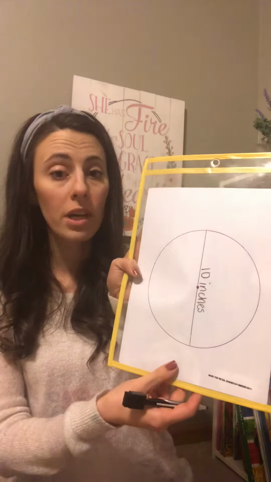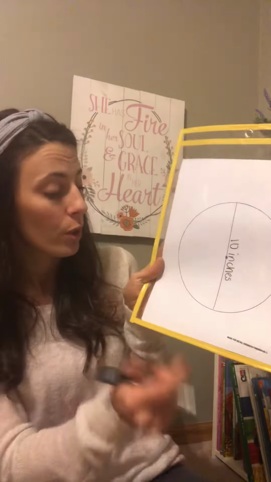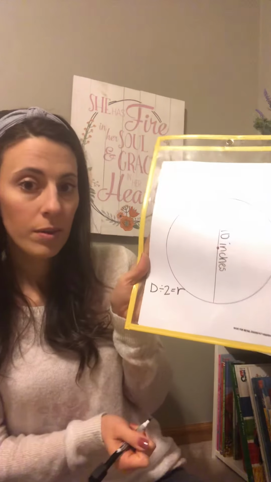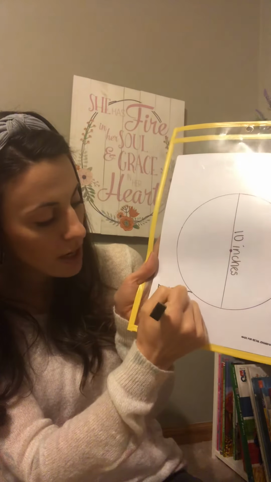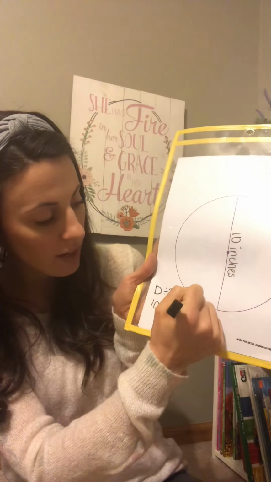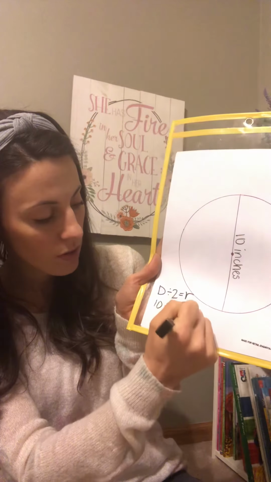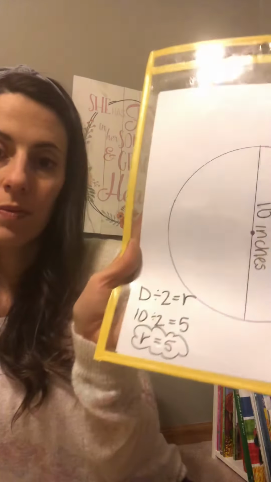In order to find your radius, you're cutting your diameter in half, or we're going to divide it by 2. So the diameter divided by 2 equals your radius. We're going to take 10 divided by 2, and we get 5. So our radius equals 5. That's step number 1 for us now.